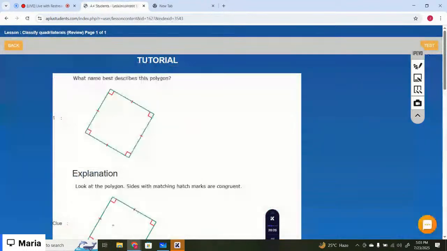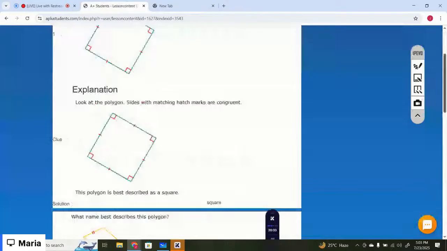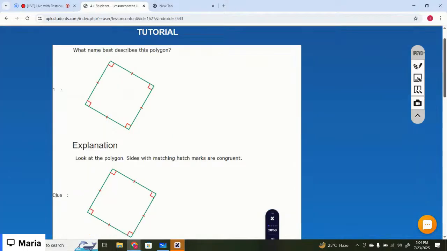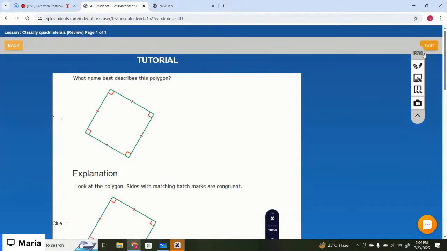What names best describe the polygon? Sides with matching hash marks are congruent. The polygon is best described as a square because all the sides are exactly the same measurement. So that is the square. Let's start with the test questions.